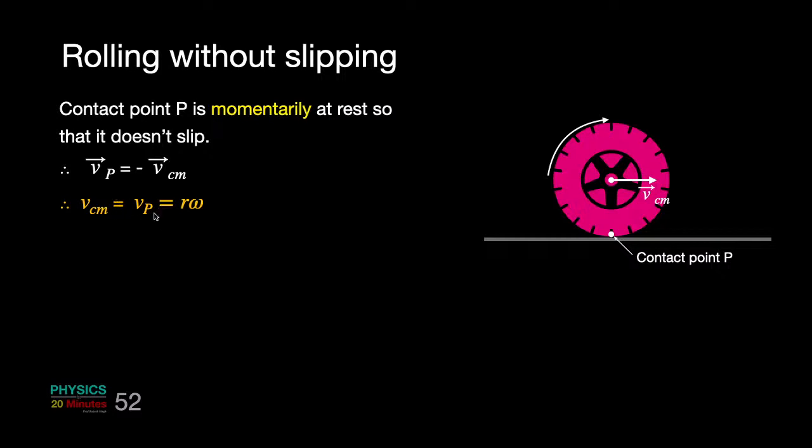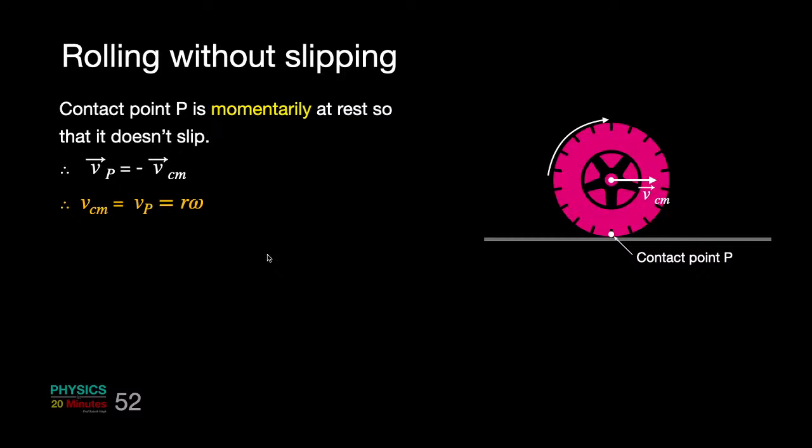Now, the magnitude of the velocity for particle P is r omega, as we are all familiar. R is the radius, omega is the angular velocity. Therefore, the velocity of the center of mass has to be equal to r omega. So please don't get confused by the terms. This is the linear velocity of the center of mass, which is this term.